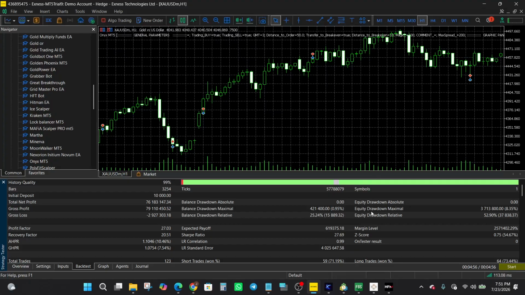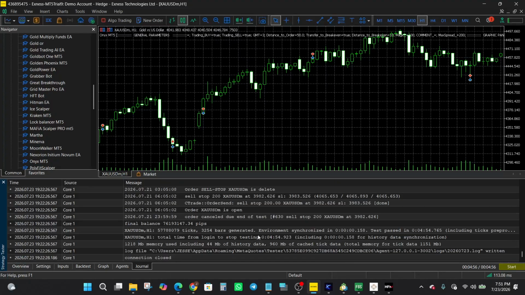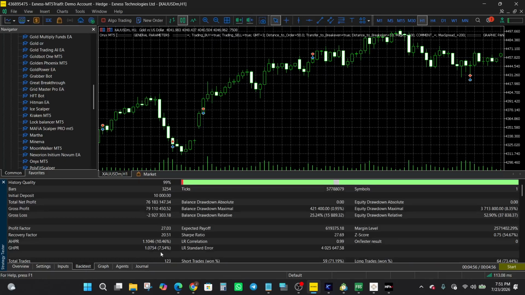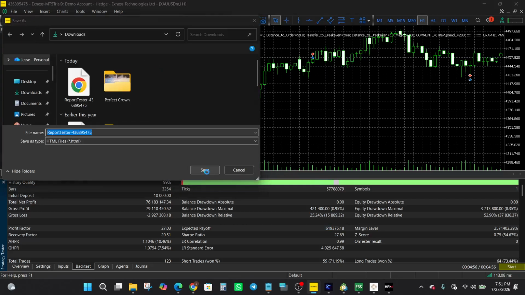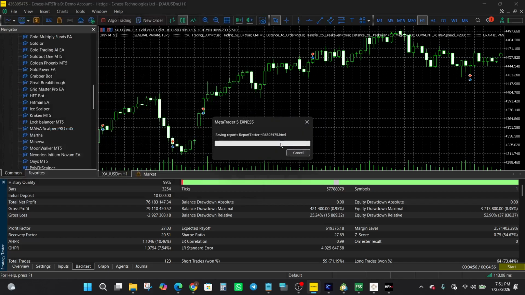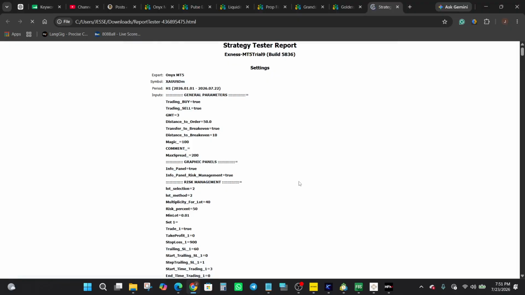Now, from the trade log, if we are going to view the report, the tester report can actually be downloaded, and then after downloading it, you can view the trade log.